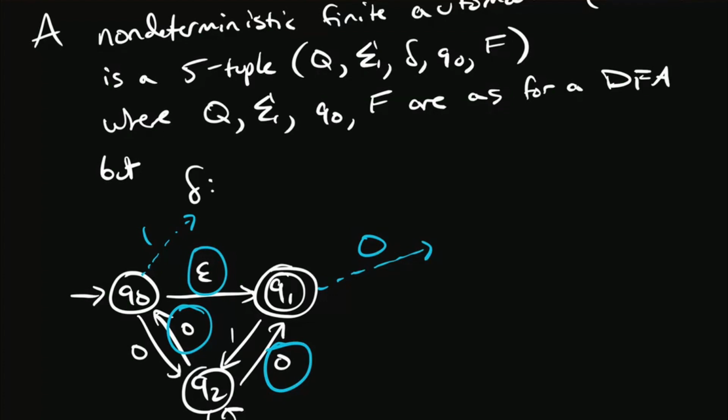But say Q1 doesn't have a transition with symbol 0 on it. But could I go potentially to all states on a certain symbol? Like, could I say Q1 on input 1 goes to all 3 states? Yeah, I could do that if I wanted to. Could I go to any subset of states, including the empty set of states? Meaning I go to no states at all. Yeah, I can certainly do that.